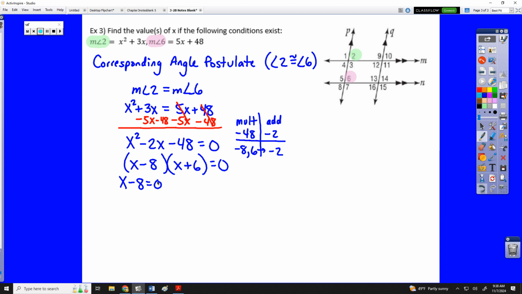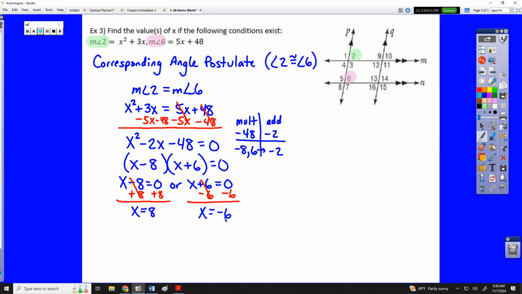So we break it up into two separate equations using the zero factor theorem, which says that either x minus 8 is 0 or x plus 6 is 0. And then we solve each of those. The first answer we would get is x equals 8. The second is x equals negative 6.